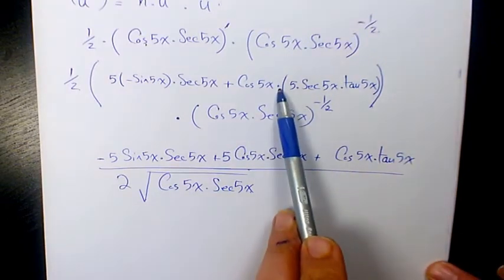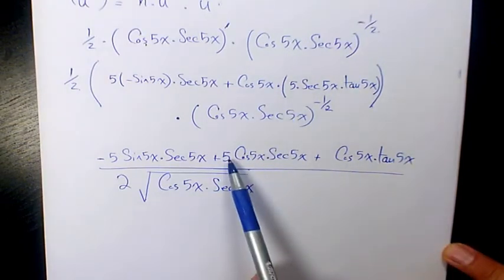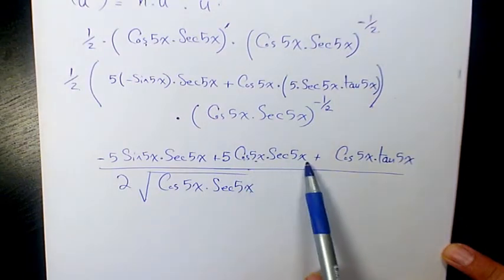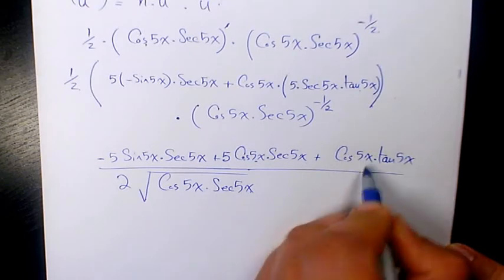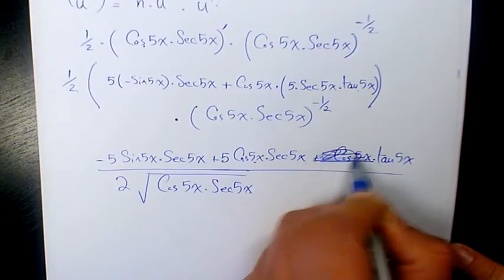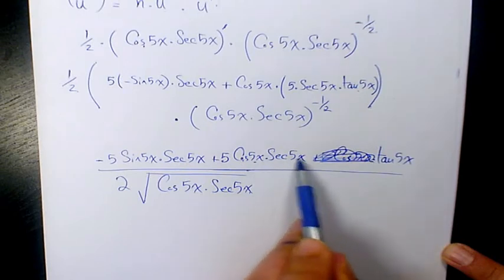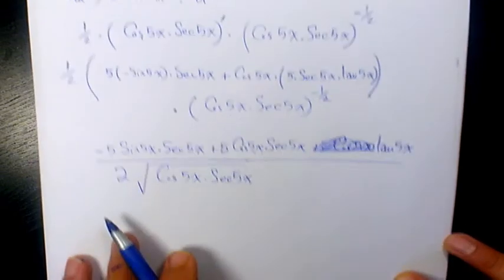Actually, this one is multiplication, so it's going to be 5 cosine 5x secant 5x times tan 5x.